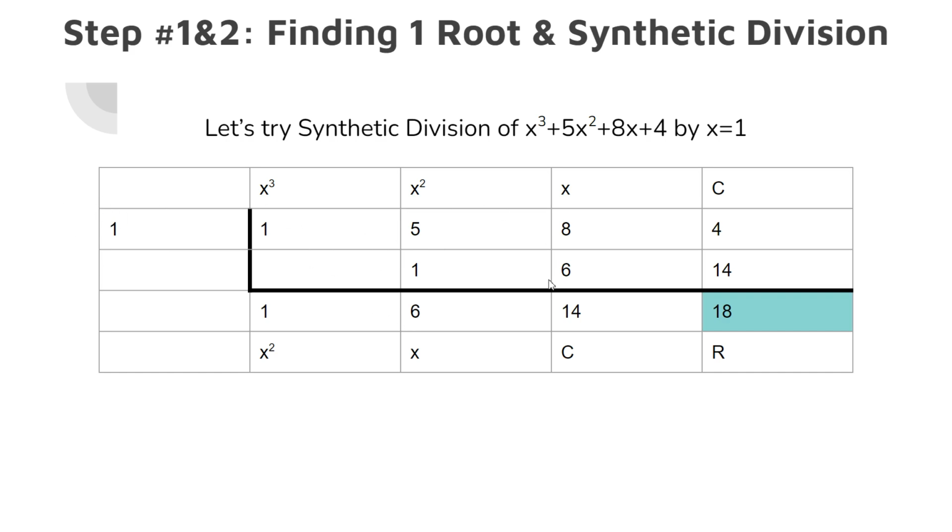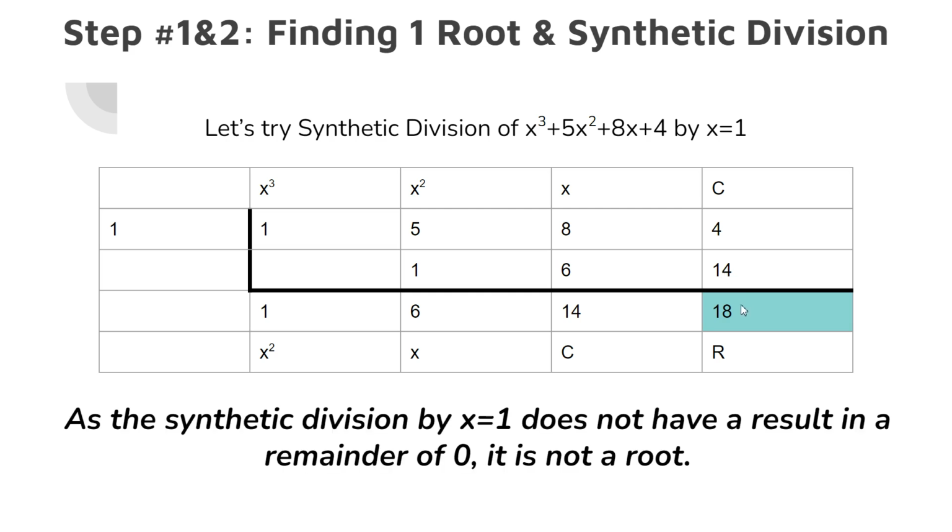You put the 6 here. 8 plus 6, 14. 14 times the root 1 is 14. 4 plus 14 is 18. 18 is not remainder 0, so as a synthetic division by x equals 1 does not have a result in a remainder of 0, it is not a root.